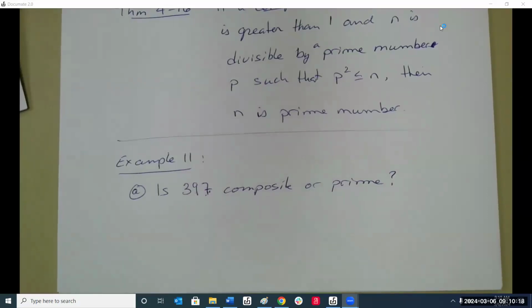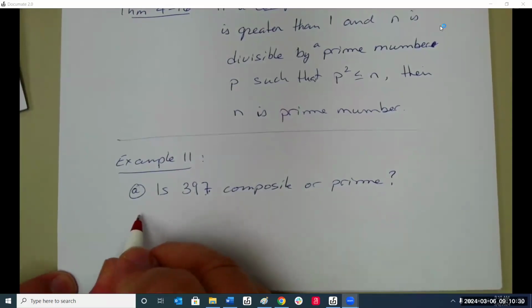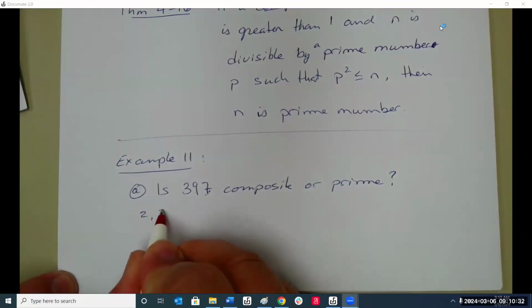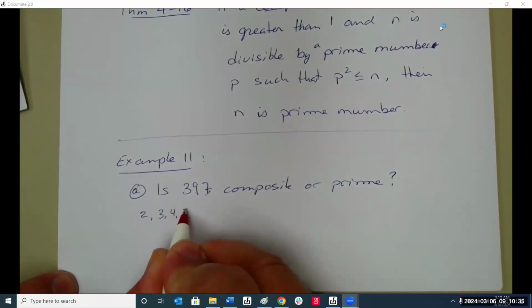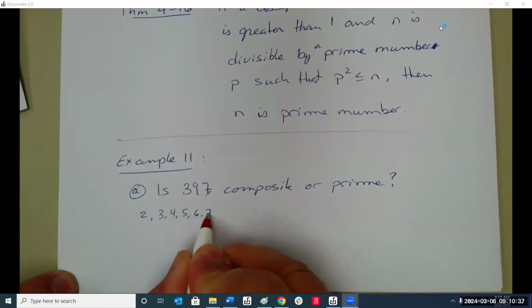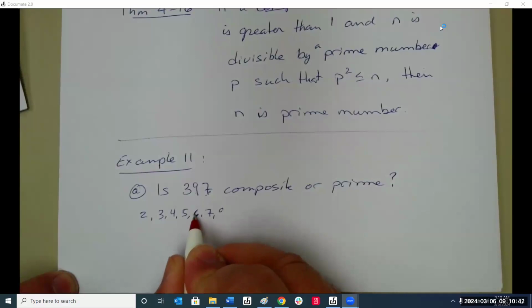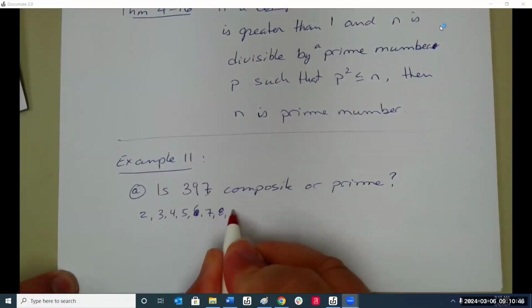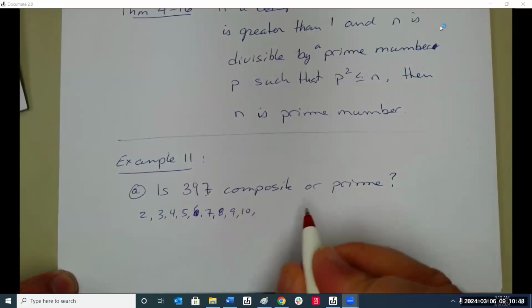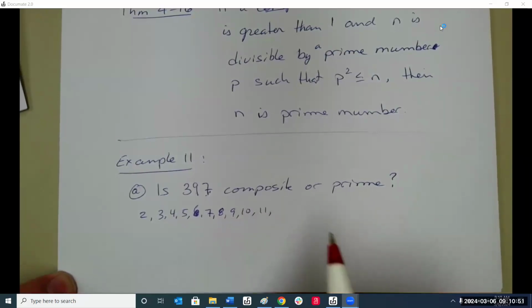So what do y'all think? Is it a prime number or not? What number do we stop at? We know that it's not divisible by 2, 3, 4, 5, 6, 7, 8, 9, 10, 11.